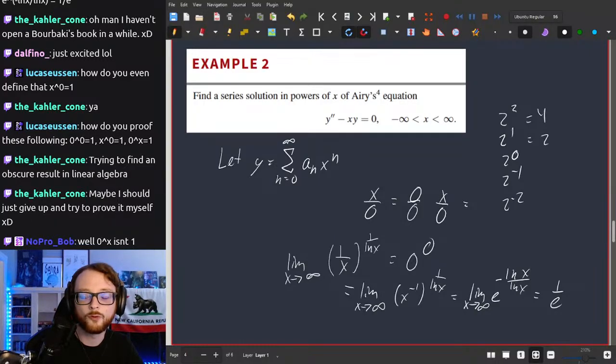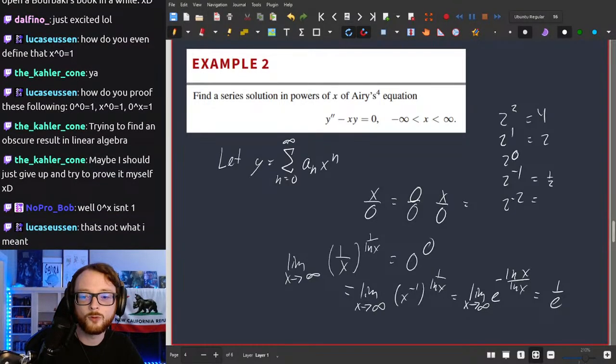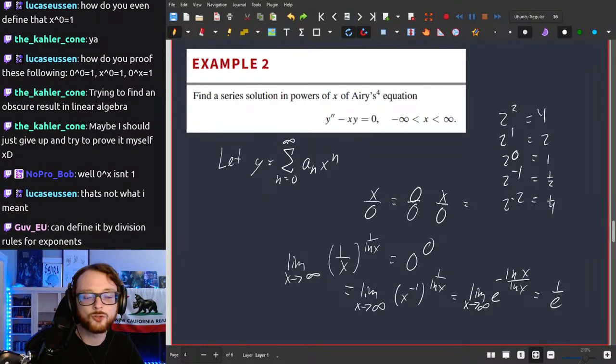Skipping over 2 to the 0. 2 to the minus 1 is 1/2. 2 to the minus 2 is 1/4. The natural thing to fill in the blank here is 1, because going down the line, we're dividing by 2 each time. 4 divided by 2 is 2. 2 divided by 2 is 1. 1 divided by 2 is 1/2. So it just continues the pattern.